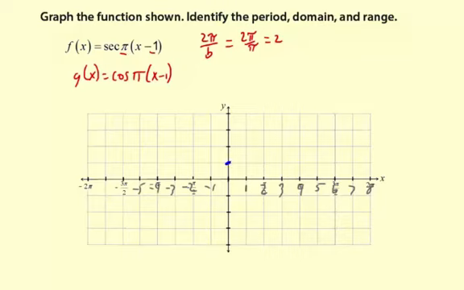Start here for the cosine function at 0, 1, and then the period repeats every 2. That means you're going to have a minimum halfway in between the two maximums. But then, each one of these is going to be translated one to the right.